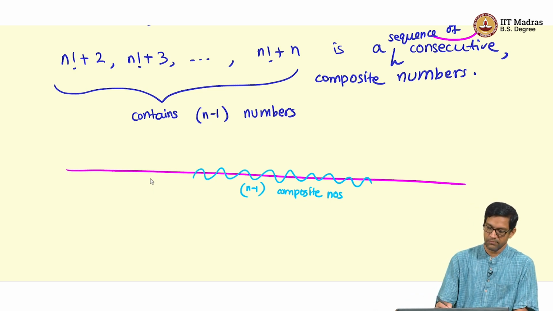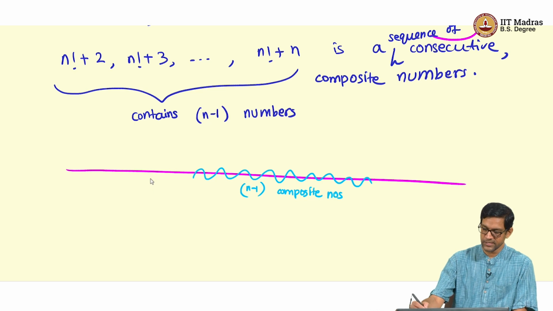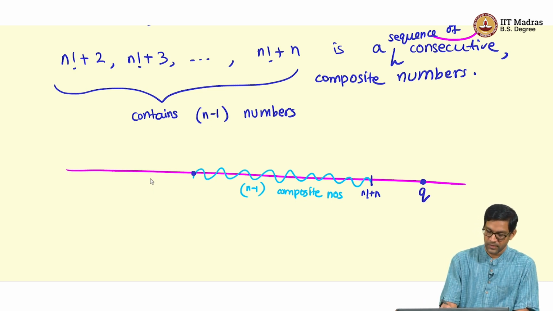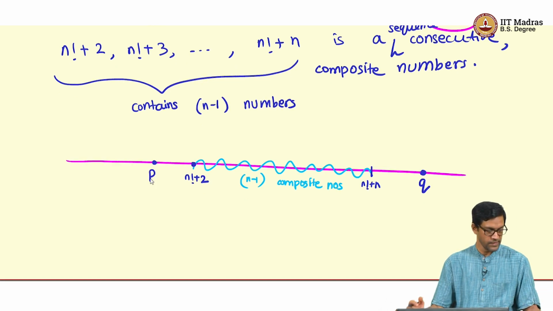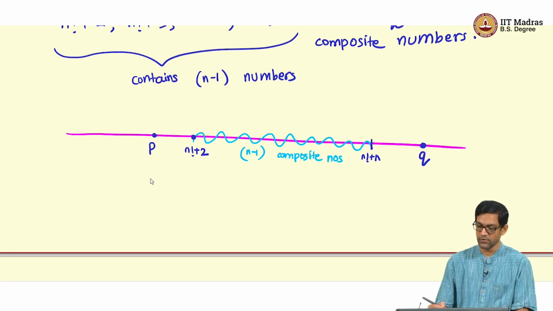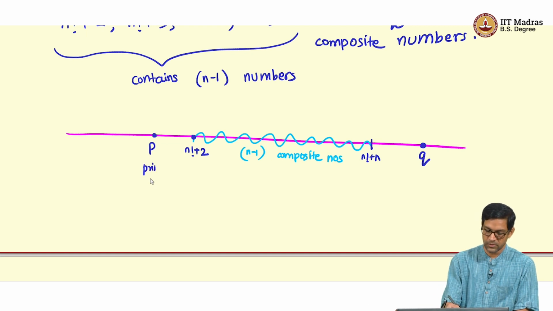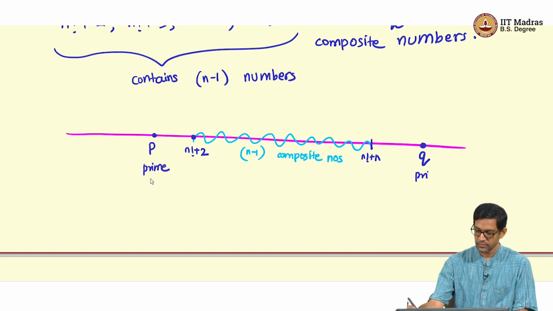So look at n factorial plus n, and let q denote the smallest prime number bigger than n factorial plus n. Now look at the other end, which is n factorial plus 2, and let p be the largest prime number which is less than n factorial plus 2.